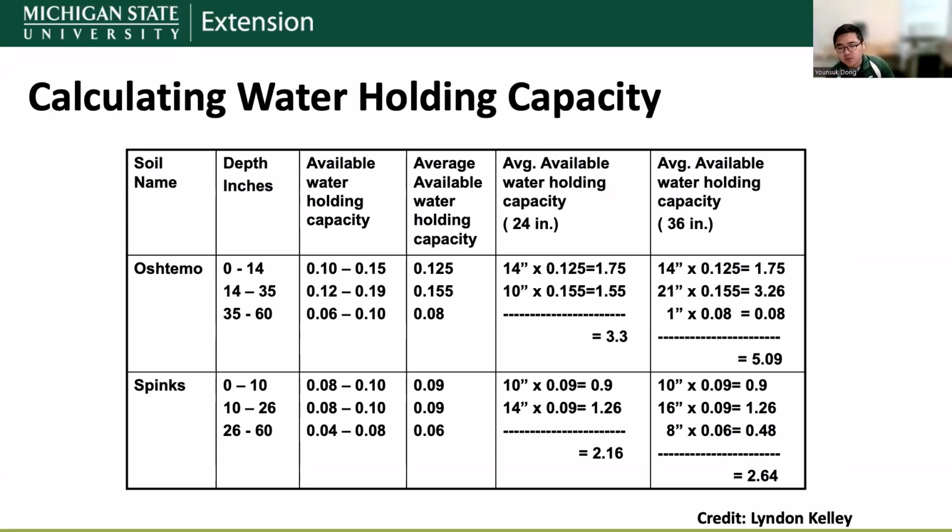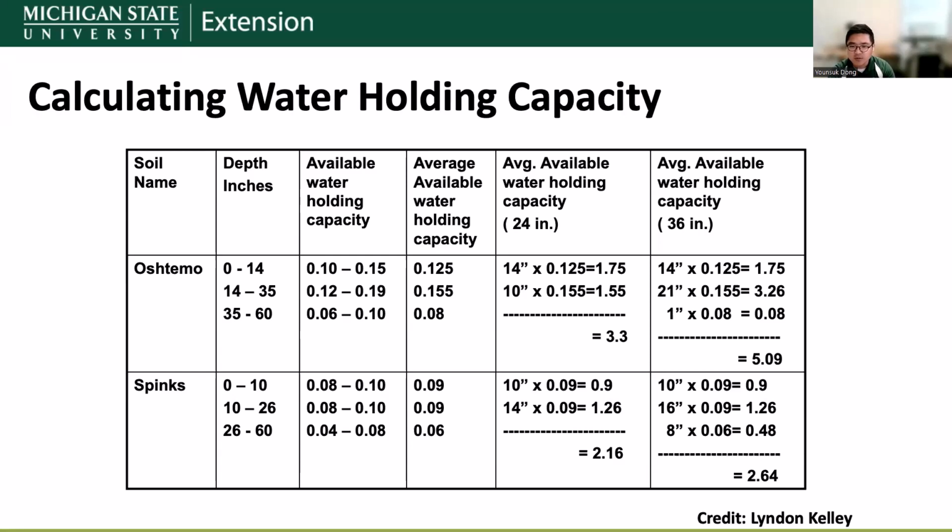So Linden prepared this nice table that shows the available water holding capacity in the top 24 inches for Oastamo soil, and the available water holding capacity in the top 36 inches for Oastamo soil as well. Looking at the second row, the top 24 inches of Oastamo soil can hold about 3.3 inches. When you look at the 36-inch depth, now you're seeing 5.09.